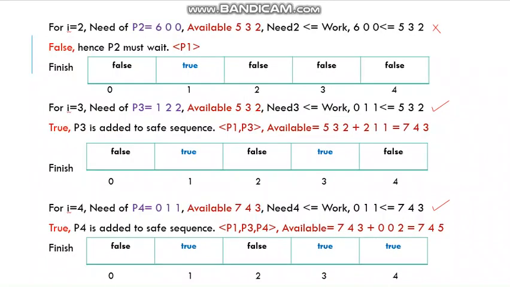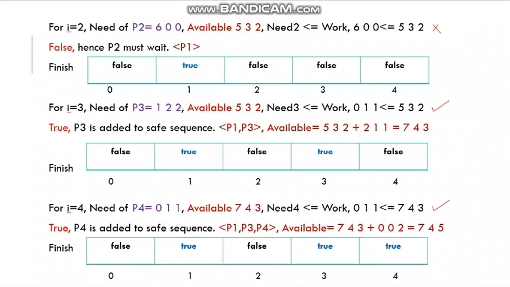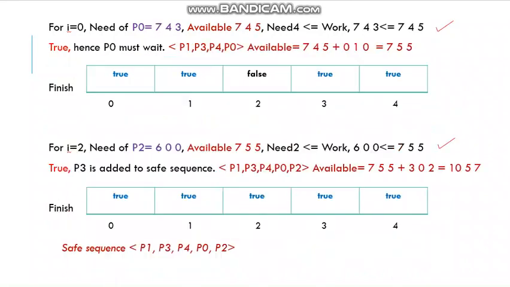Those processes are P0 and P2. So after completing the fourth, we should again go back to P0, because our available resources are now updated, and check whether that need is satisfied or not.